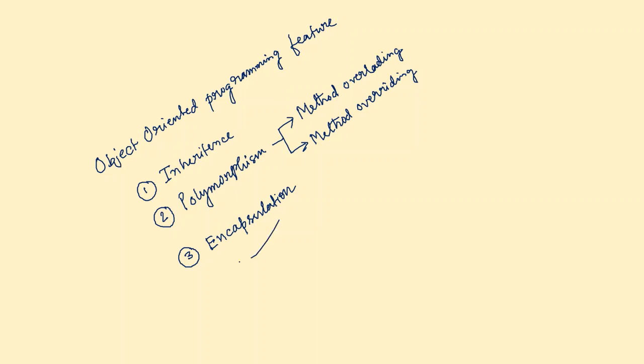Now the last one that we have is called abstraction. What is abstraction? For example, suppose that you have a lift in your apartment. What do you do? You just press some button, the lift door opens, you enter the lift, you press a button for where you want to go, and the lift will stop over there.